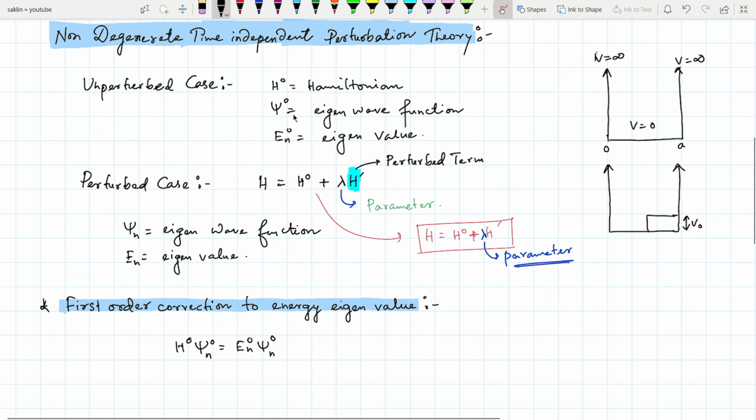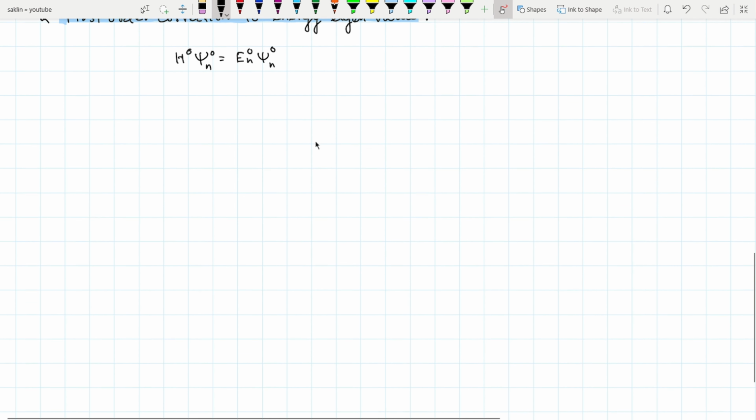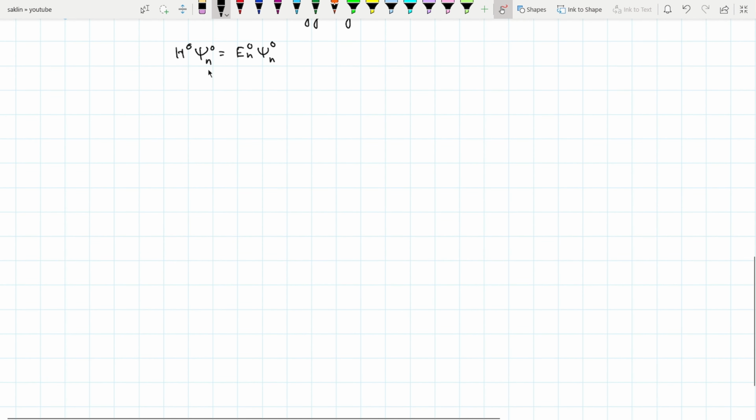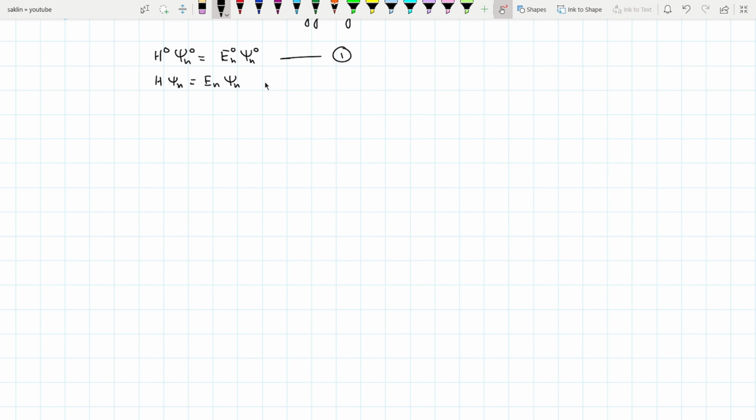Here I have made a mistake, there will be an n for the n state. This represents the state and this represents the order. Okay, I am taking this as equation 1, and for the perturbed case that will be H psi n equals E n psi n. This is equation 2.